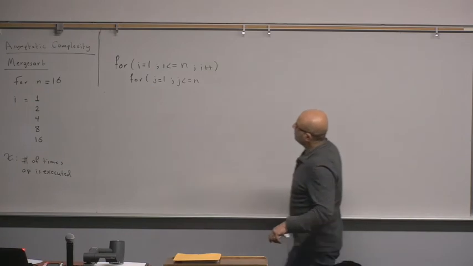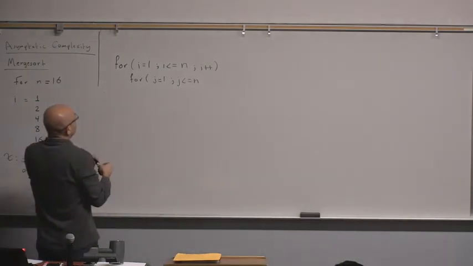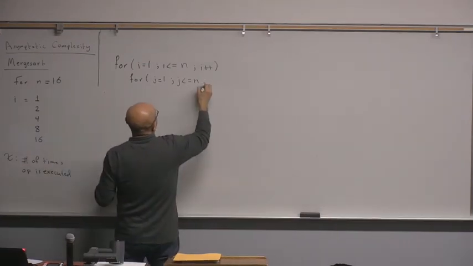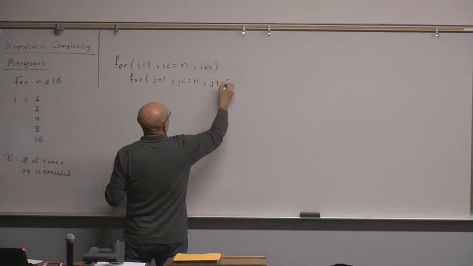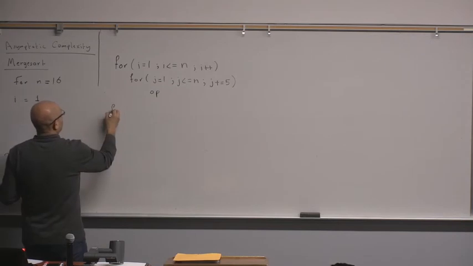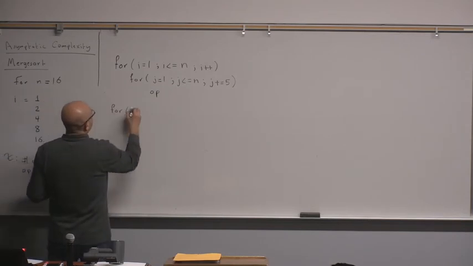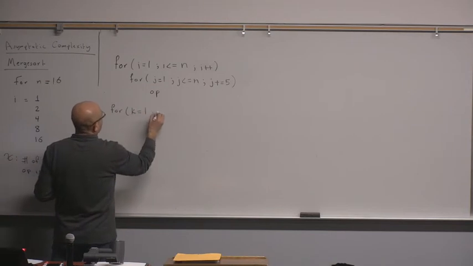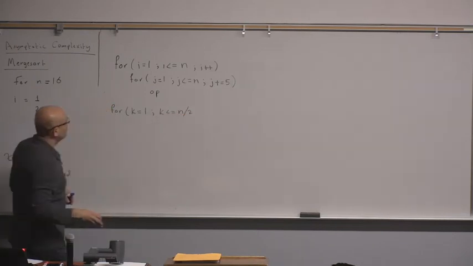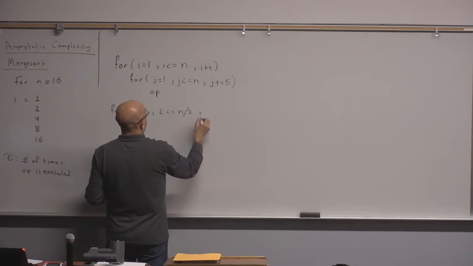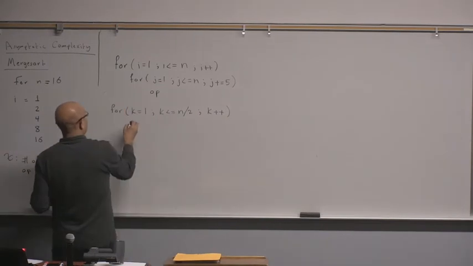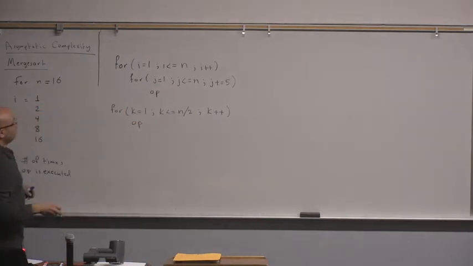Okay, what if we have this: j less than or equal to n, j plus equals 5, and then we have an operation, and then we have for k equals 1, k less than or equal to n divided by 2, k plus plus, and we have an operation.